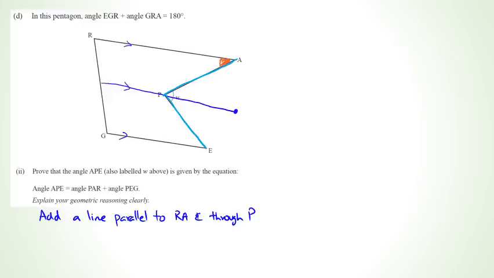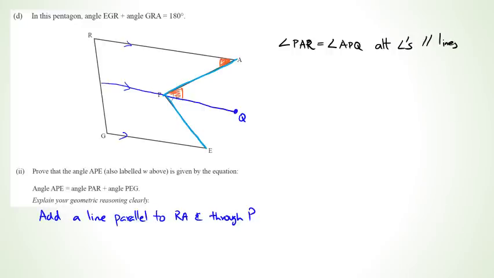I'm going to put this as point Q. The reason I'm doing that is because I can see that angle PAR is the same as angle APQ. So what I could say is angle PAR equals angle APQ, and that's because they are alternate angles on parallel lines.